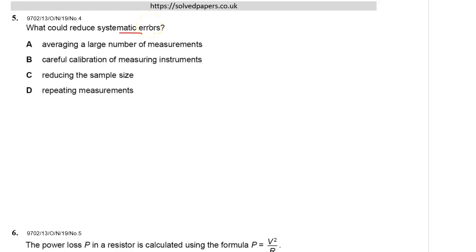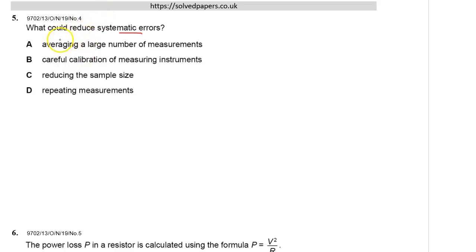Random errors are due to the experimenter, and therefore systematic errors cannot be reduced by repeating and averaging. If, for example, the calipers has a zero error, you will not remove that zero error to get a correct measured value by repeating and averaging.